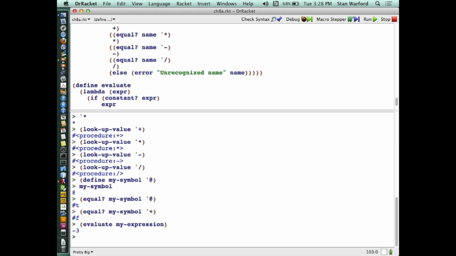Let's use left operand. We don't need to do CADDR. Let's do left operand. What do we have to work with? Left operand, right operand, and what? Operator. Are you with me? So what is it? Operator expression, left operand expression, right operand expression.